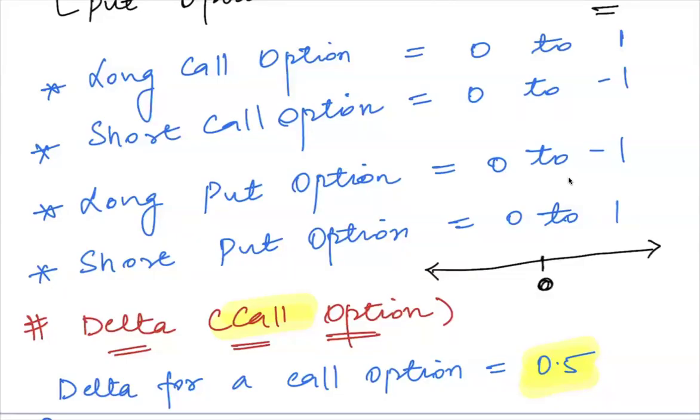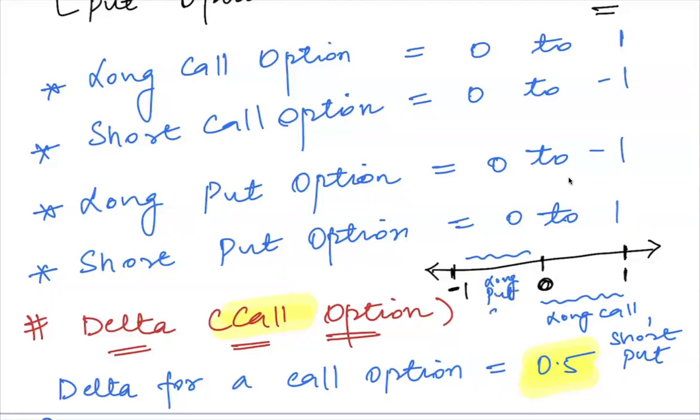This is 0, this is 1, this is negative 1. So 0 to 1 is for long call and short put. And similarly here, this is nothing but long put and short call.